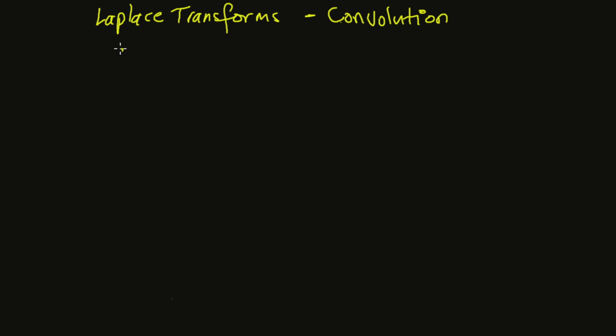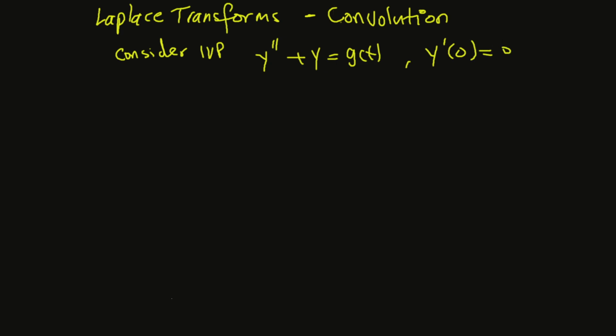give you an example. Let's consider this IVP, which is y double prime plus y equals some g of t, and let's put here this initial condition, and the other initial condition, let's just make it y of 0 equals 0.